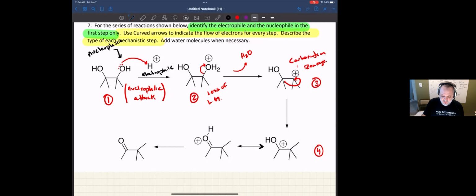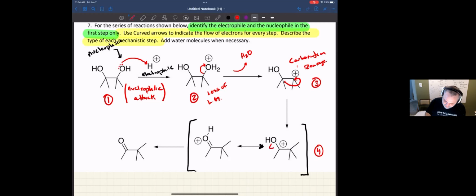Okay, and so I drew this double-headed arrow here to kind of give you a clue before you started to get into the video. This situation is actually resonance, so it's not a mechanistic step in a traditional sense.